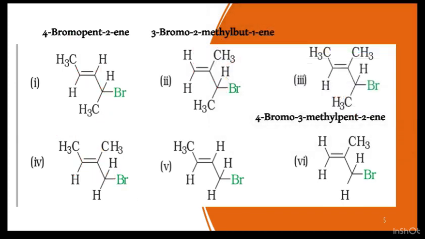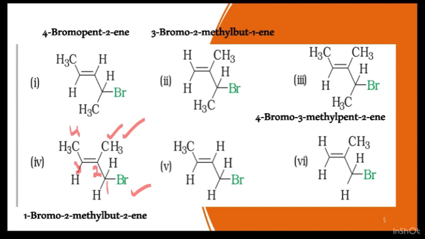In this case, if I number from this side 1, 2, 3, 4, it is still but-2-ene. From both the sides, same number is coming for the double bond. So I'll start numbering from this side so that the carbons which are having substituents are also getting the lowest possible number. So the name is 1-bromo-2-methylbut-2-ene.